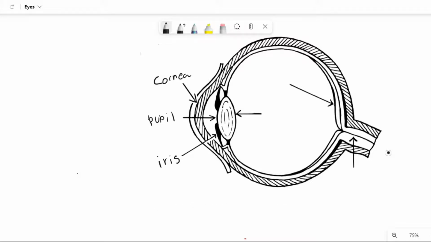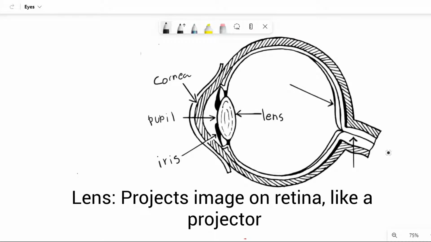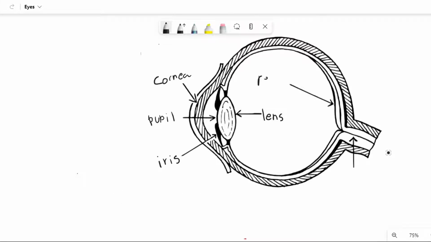Then the light is focused onto the lens, which is right behind the pupil. And the lens focuses the image that the eye is seeing onto the retina. So the retina is right here.